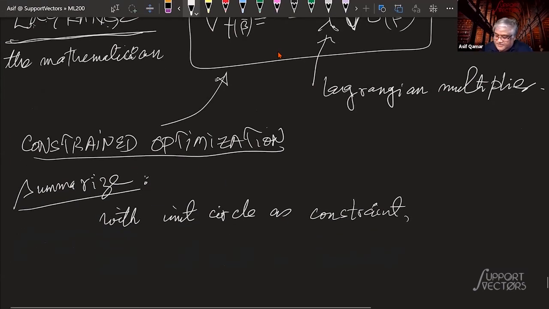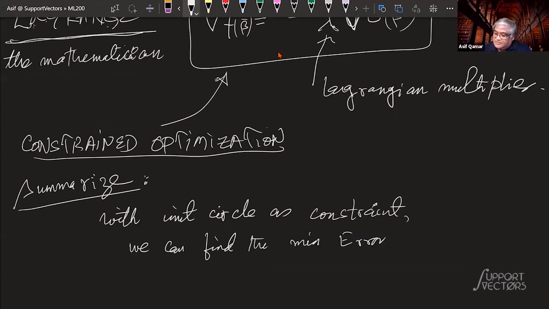You get error. We can find the minimum error within the circle. Within the circle, right? That is the solution we will take.